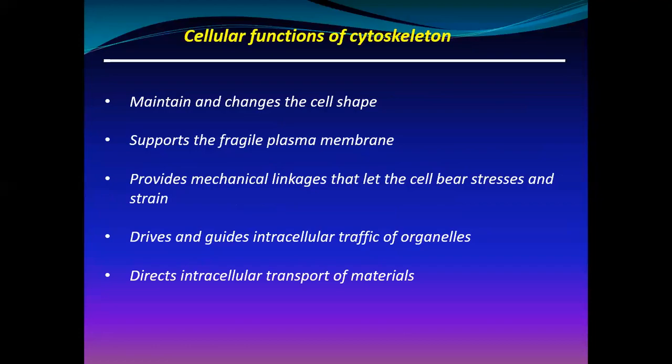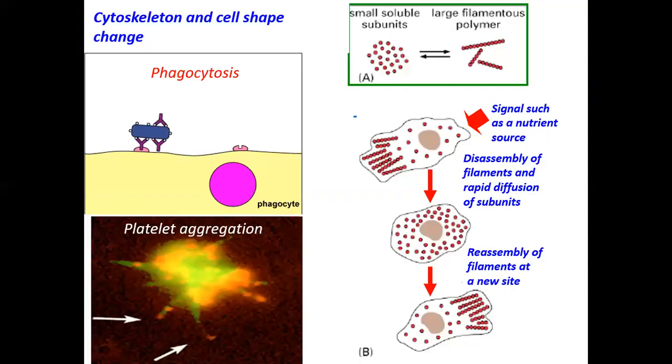Right. So that is the cellular functions of mitochondria. So now you can see cytoskeleton and cell shape. Now, for example, phagocytosis. Can you see what is happening? When a bacteria is coming, you can see in the animated diagram how this phagosome is formed.